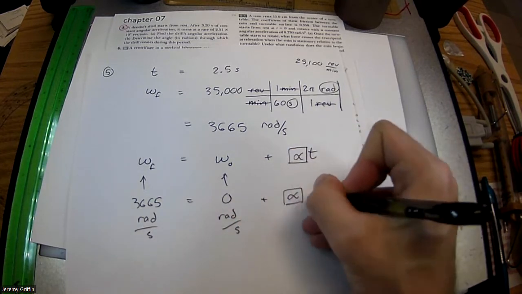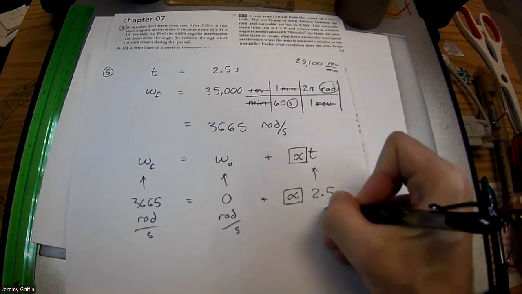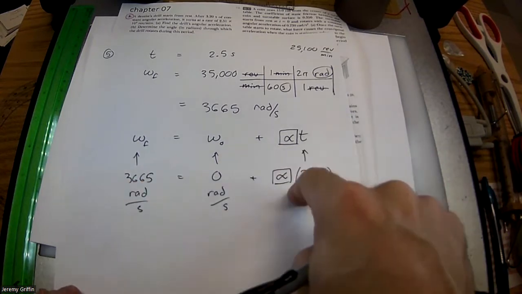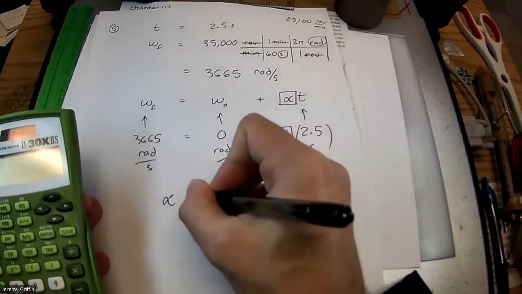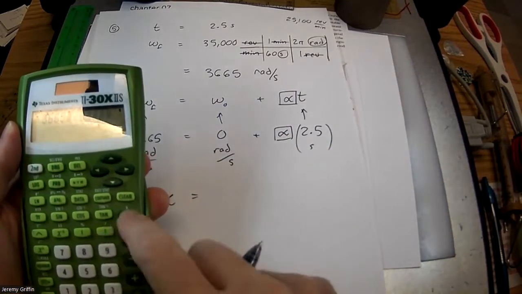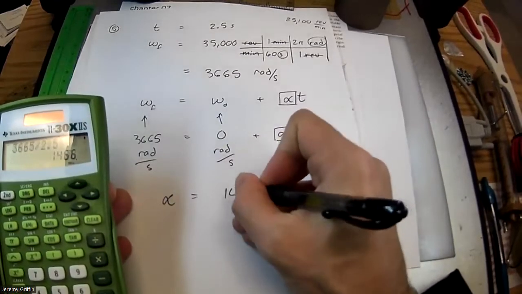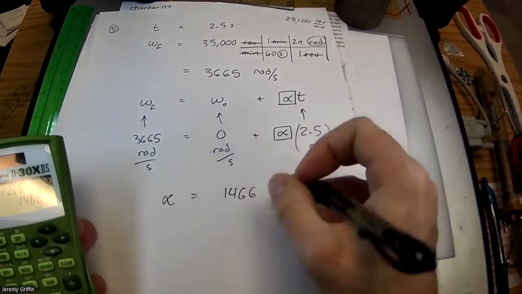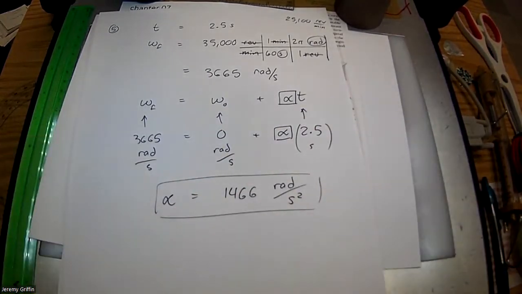We're solving for the rate that it's picking up in radians per second squared, and it did this all in so many seconds. So can I just take that and divide by that and get the answer? So alpha equals radians per second divided by seconds, that's radians per second squared. Right? That would be right.